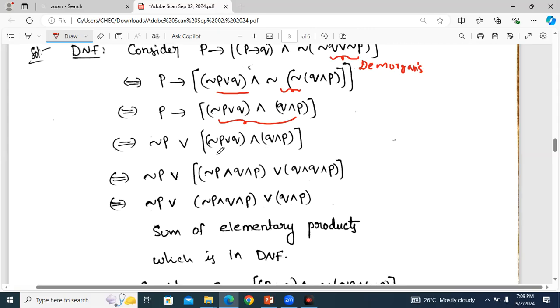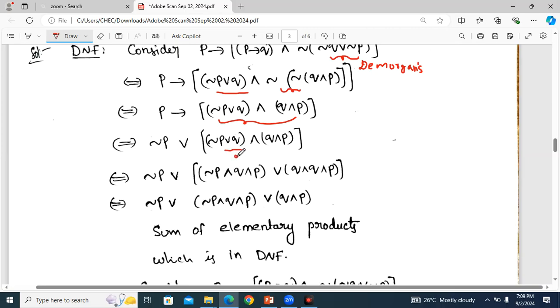Now we convert this compound statement into disjunctive normal form, that means a sum of elementary products. Negation P is an elementary product, here it is an elementary sum, and here it is an elementary product. Now we change this statement into a sum of elementary products. So here we apply the distributive law.